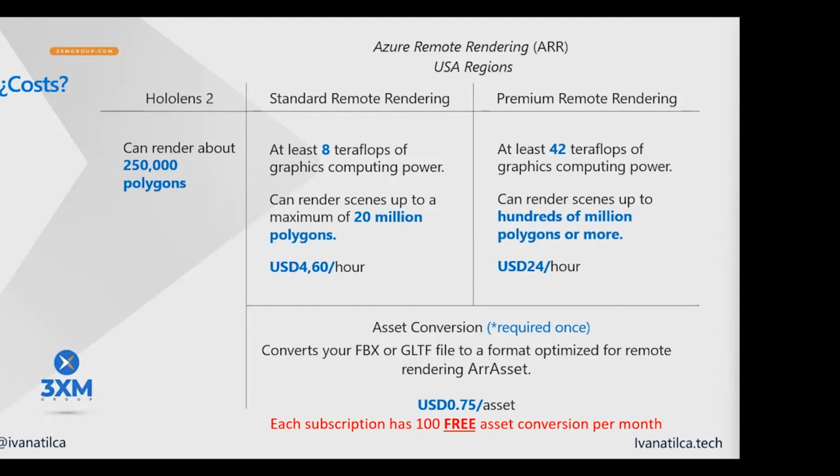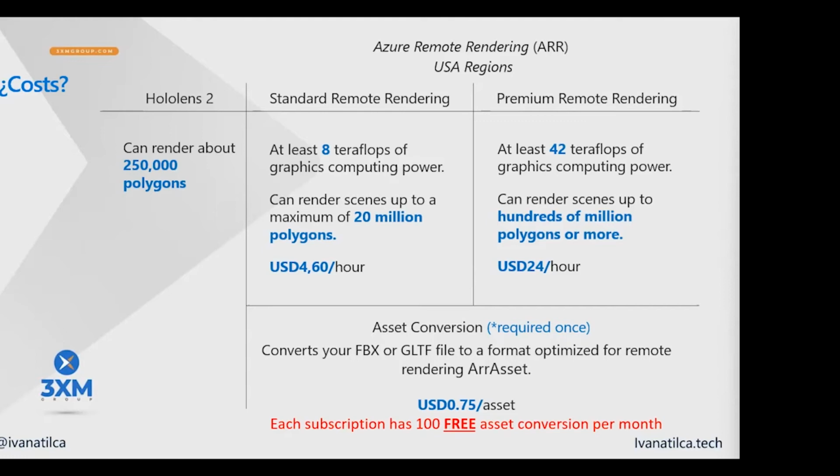So we are charged for Azure Remote Rendering when we actually allocate a rendering server for use, okay? And we do that by creating a session. Once you are charged for the first time you keep it allocated, what happens if you have fractional hours? Then you will be billed at a fractional rate, okay?